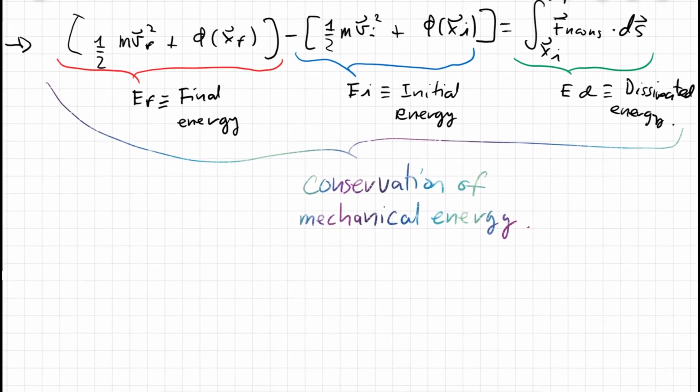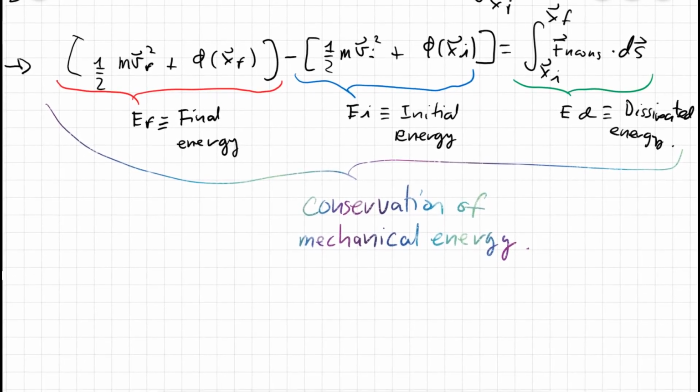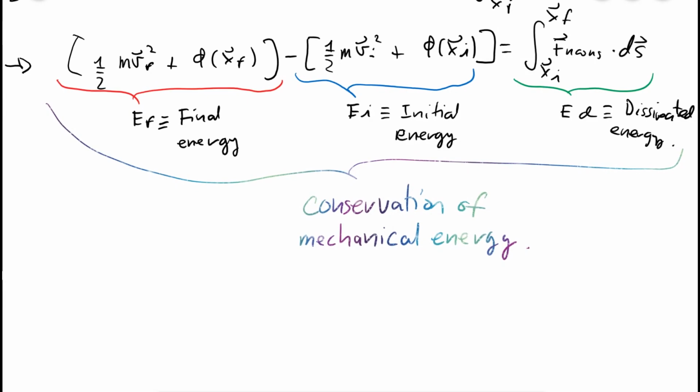So pretty much it tells you that this difference in energy, if you take delta E, is equal to the energy dissipated or energy input in the system, depending on what sign this dissipated energy takes, but this is pretty much the conservation of mechanical energy theorem.